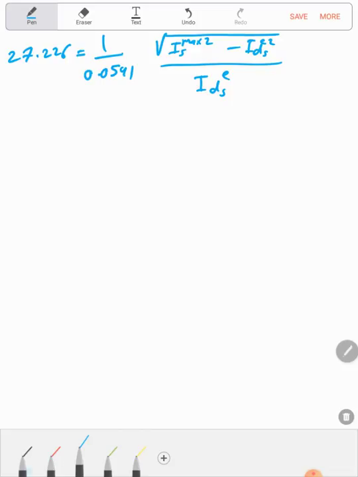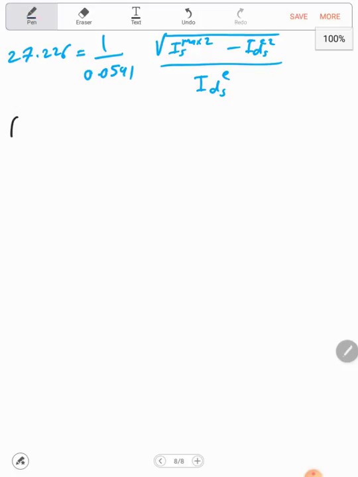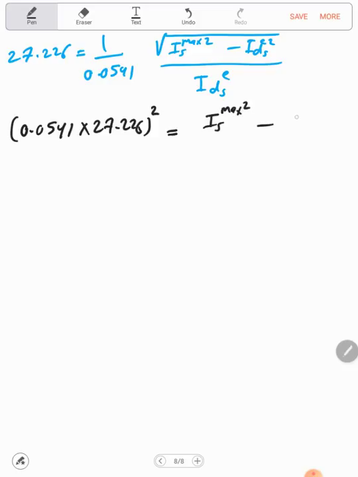Now if we need to solve this one, I will multiply here and square. So this will be 0.0541 multiplied by 27.226 squared equal to IS max squared minus IDSE squared over IDSE squared.